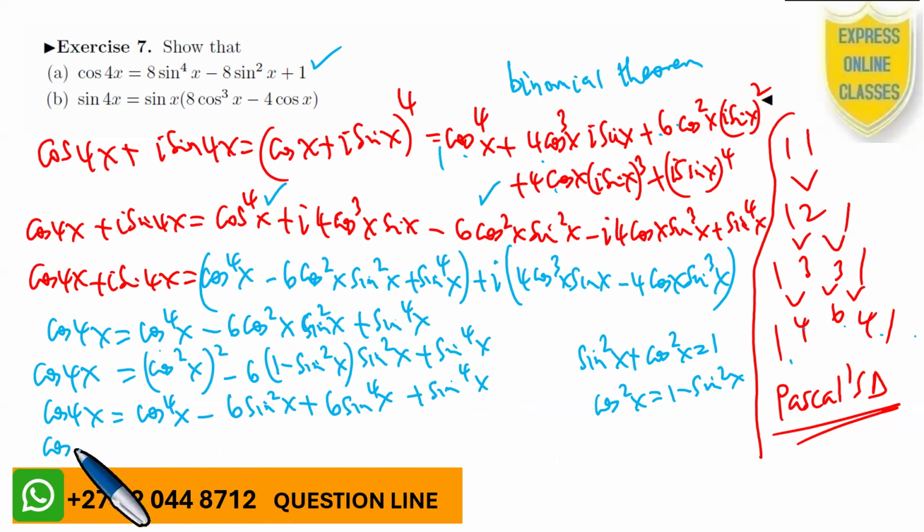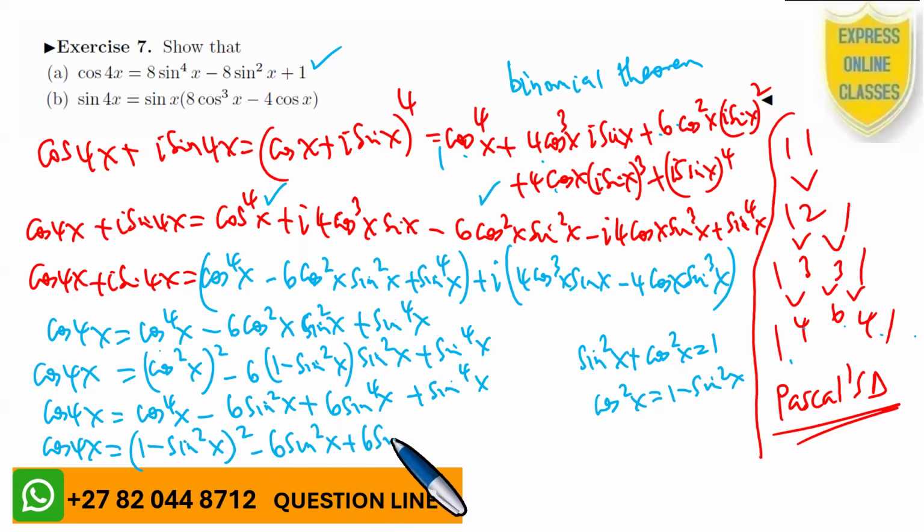This cosine 4x is the cosine squared. Cosine squared is 1 minus sine squared, minus 6 sine squared x plus 6 sine to the power 4 of x, sine to the power 4 of x.